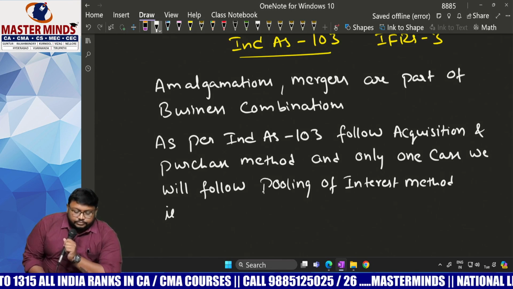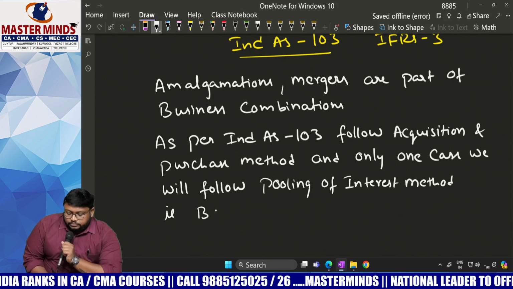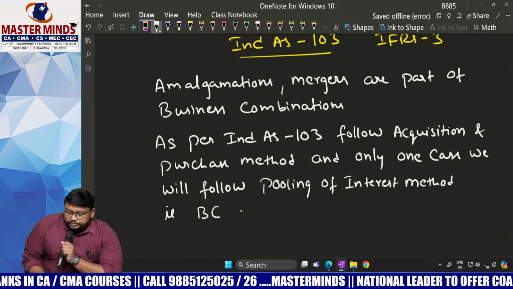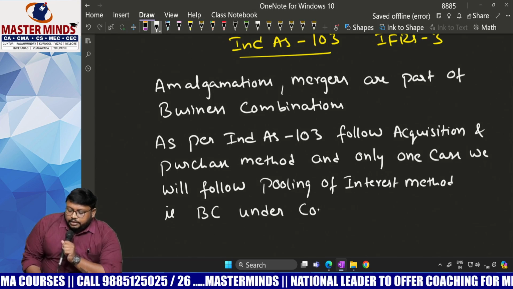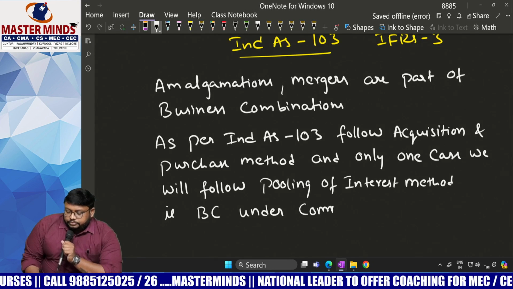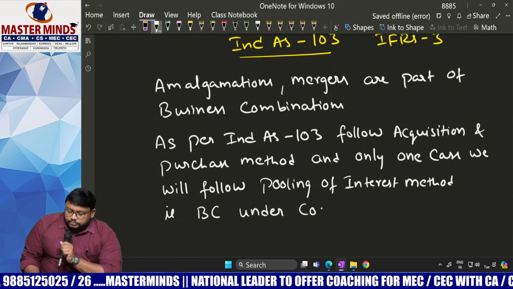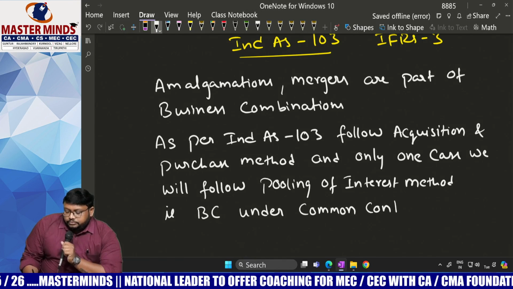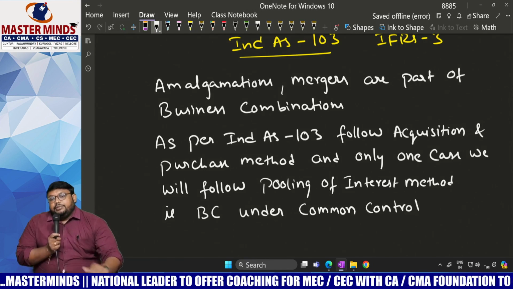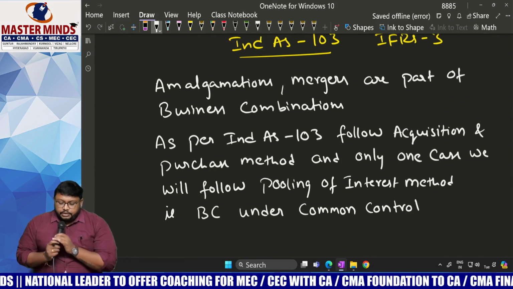That is business combination under common control. So when business combination is under common control, we will use pooling of interest method.